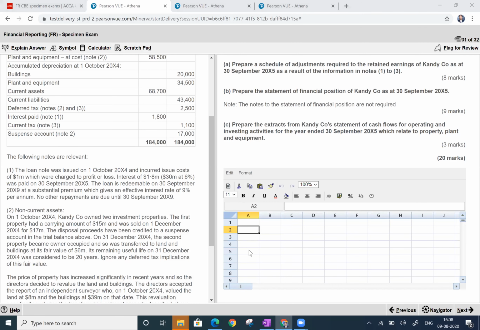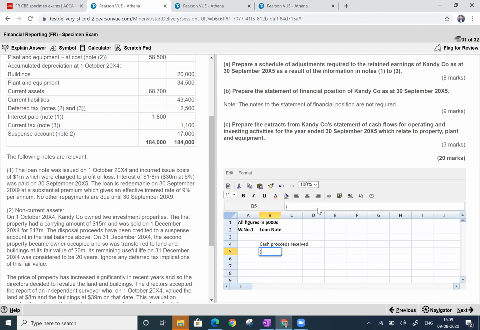So how will we start? Working note number 1, loan note. As usual, all figures are in dollar thousands. The loan note will start like this: cash proceeds received.